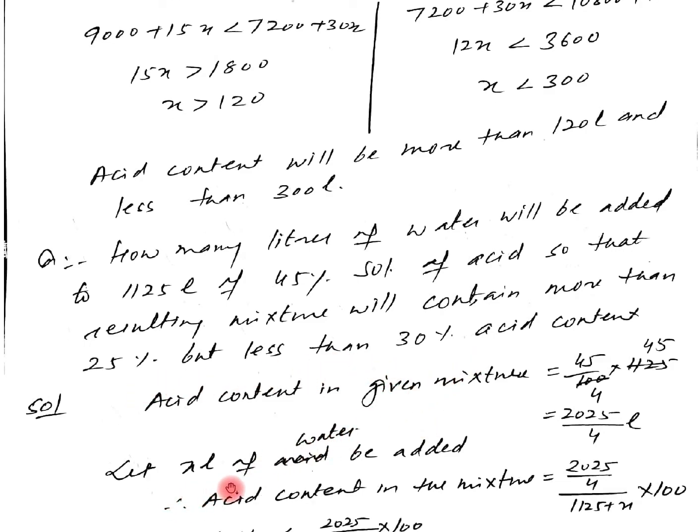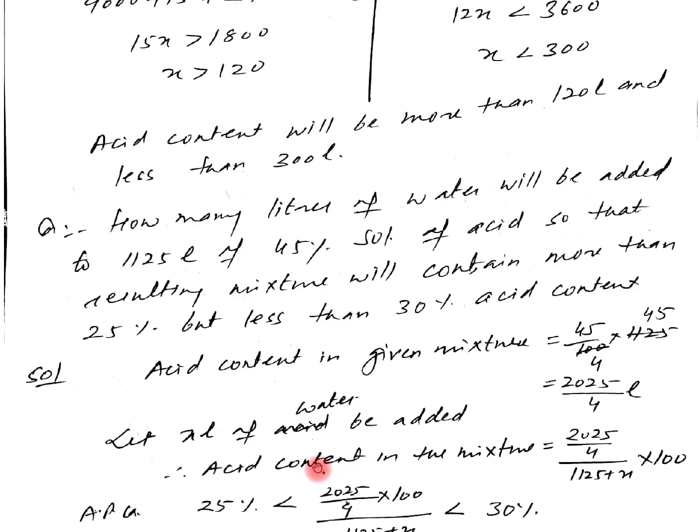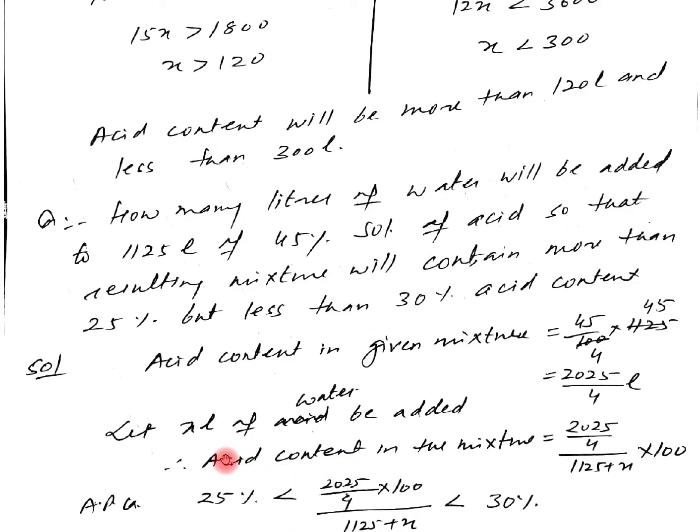Now let x liter of water be added. Therefore the acid content in the mixture, because we are adding only water, the quantity of acid in the total mixture will remain the same. Therefore, acid content in the mixture after adding x liter of water is equal to 2025 by 4 upon 1125 plus x into 100.